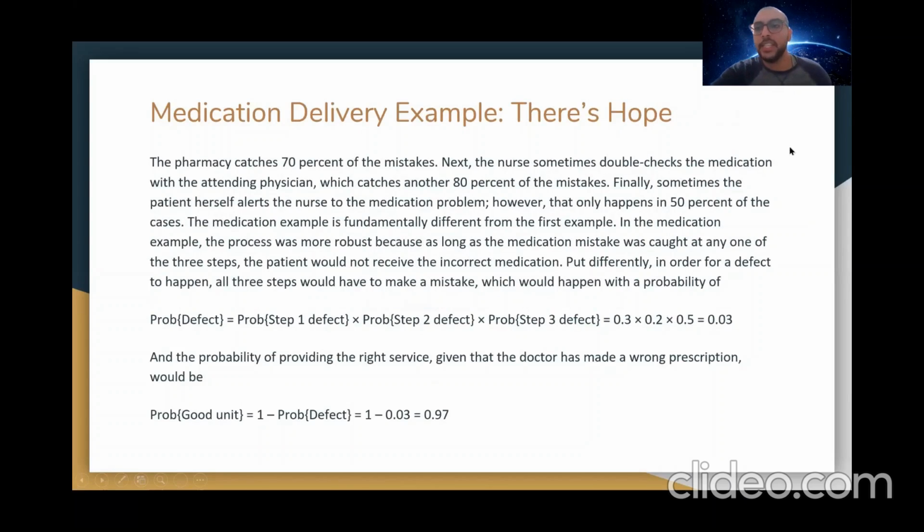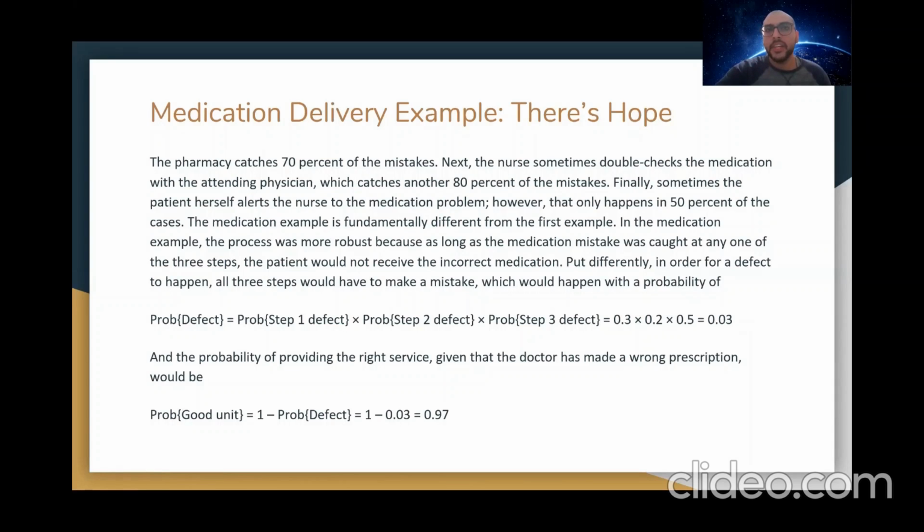And the second example that we have is the medication delivery example. And I like to call this "there is hope." That means if there is an error somewhere in the process, but it gets caught, then we will end up with a good outcome.